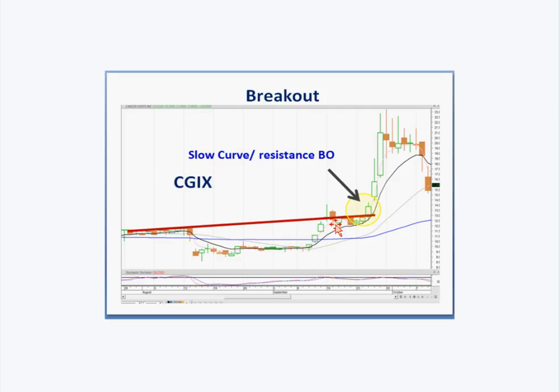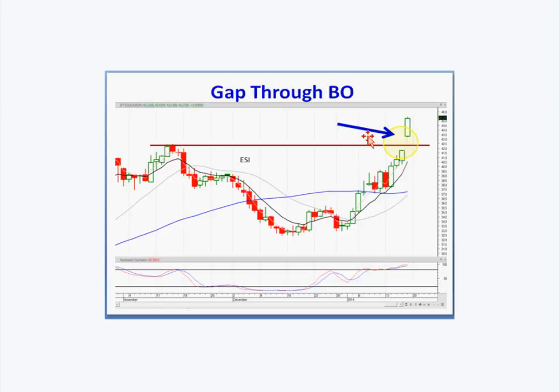No matter what the resistance level is, if that slow curve breaks out through it, you've got the potential of a pop. Now, the reason I point these out is anytime I can see something that tells me there's a new dynamic and it's confirming a pattern. Remember, if we're coming up to a resistance level, like a big fry pan bottom resistance level, and they break out, what are they telling you about the resistance level?